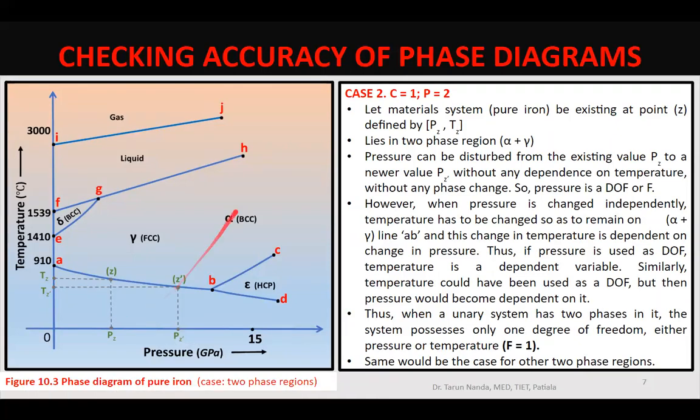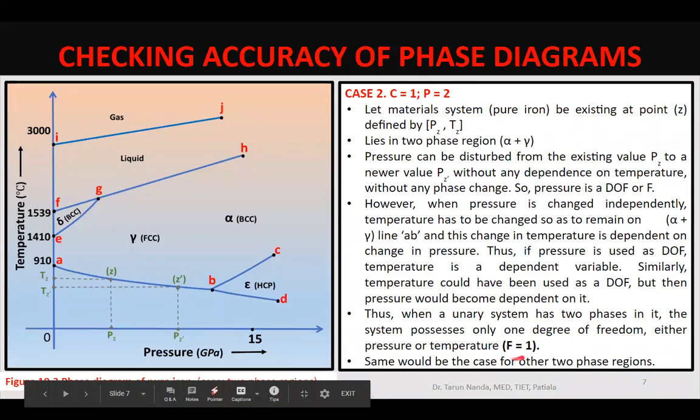So when for a single component system you are in a two phase region, there is only 1 degree of freedom. You can exercise that degree of freedom either in terms of temperature or in terms of pressure. So for the two phase region, our answer from the diagram is that the degrees of freedom is 1.